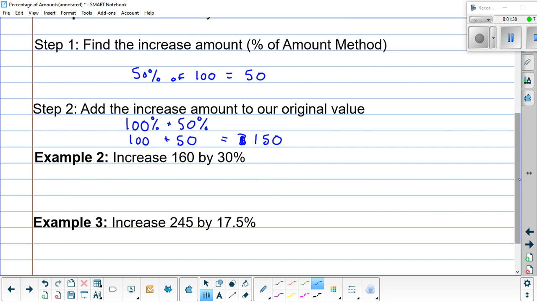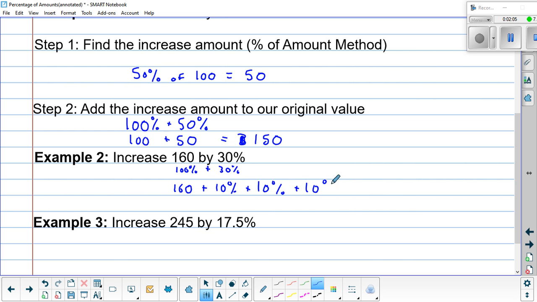Let's move on to something a little bit more challenging so we can see where it makes a difference. So 160, this is 100%, and we want to increase, so we want to add 30%. If we know 100% is 160, we can add 10% plus 10% plus 10%.